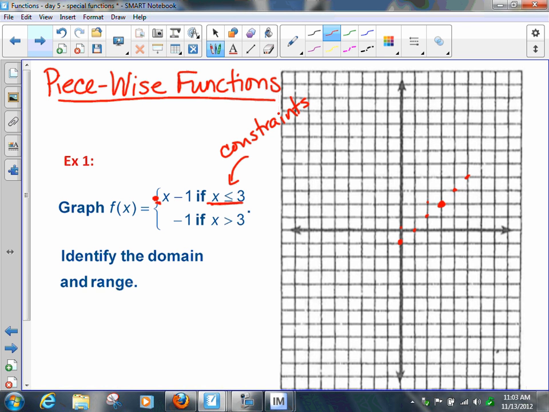Kelly, immediately you were going, why not? Because it says it has to be less than or equal to 3. This x value is what? Greater than 3. So I'm going to come back up here and say, okay, that's got to be gone. And now I'm going to draw this line down where all of my x values are less than or equal to 3.